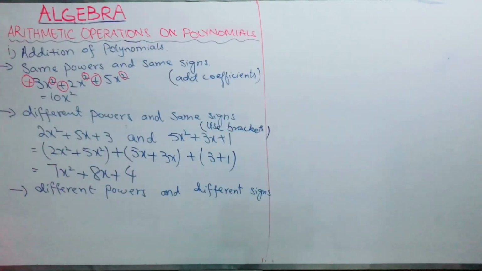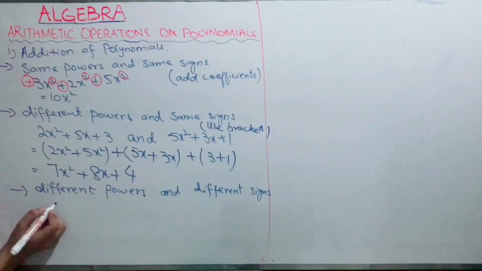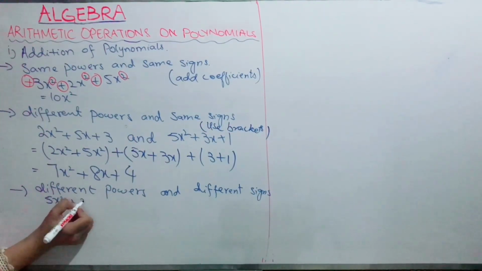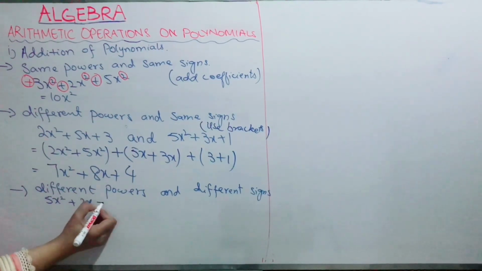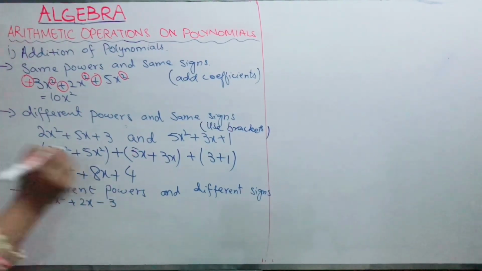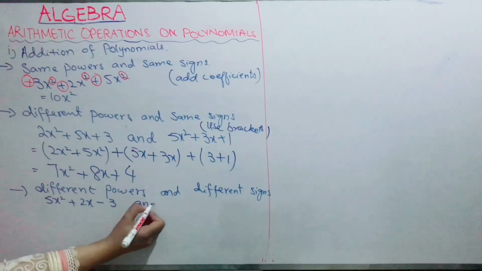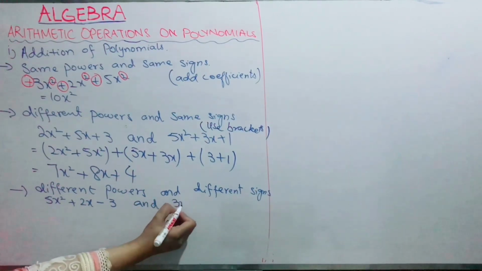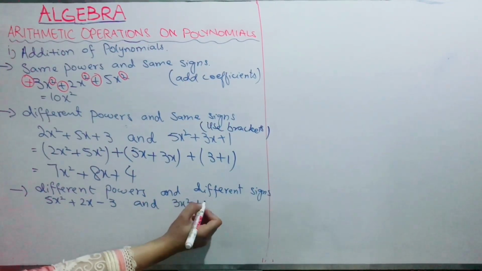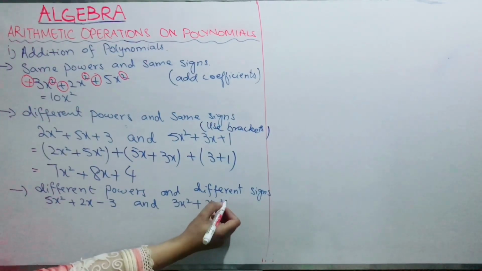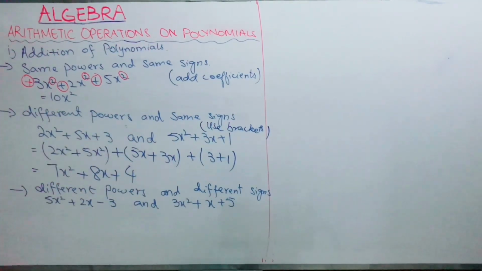Right? Now we are having different powers and different signs. For this I am taking example 5x square plus 2x minus 3 and 3x square plus x plus 5.